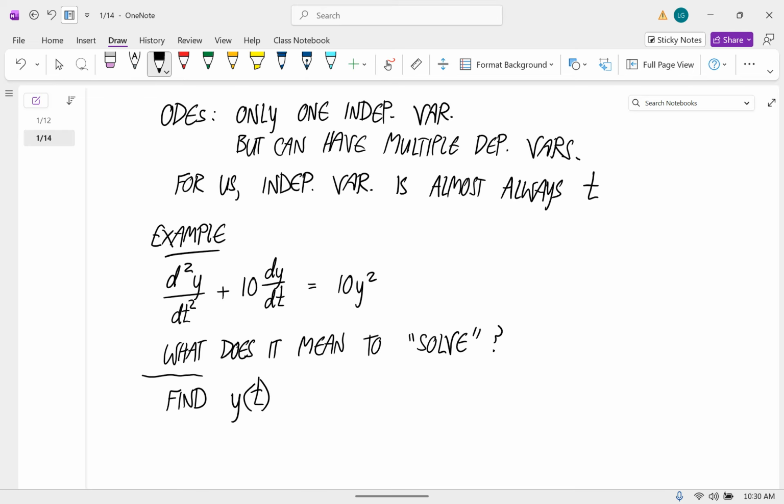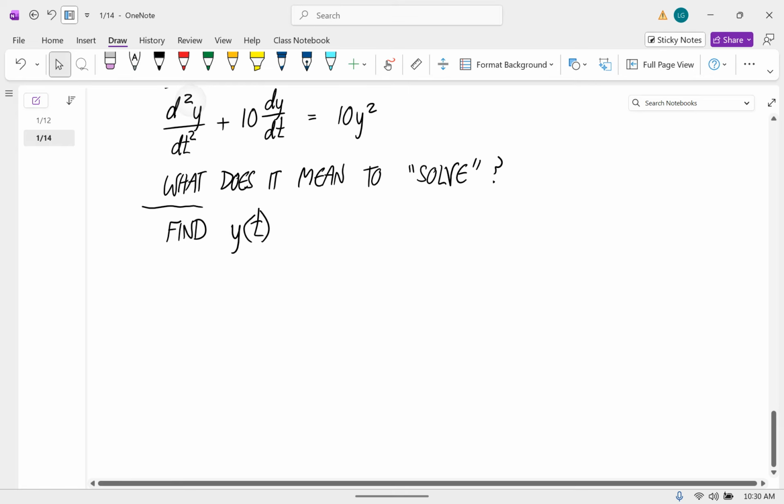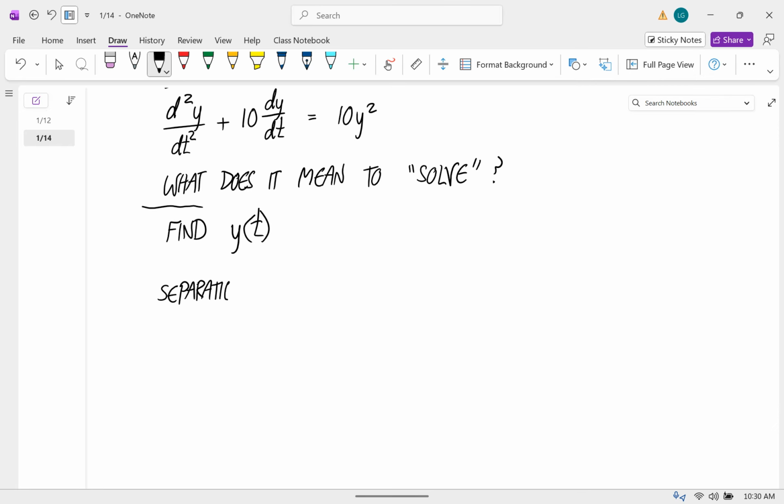Okay, so when can you use separation of variables? When y and t aren't in the same... Okay, so here's the rule.